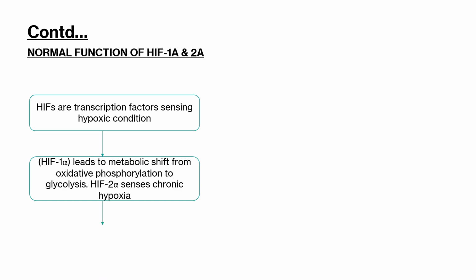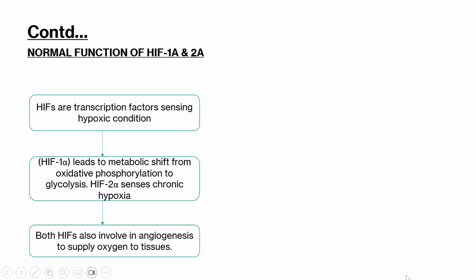After sensing this hypoxic condition, they both are involved in angiogenesis, and their main target is to supply an adequate amount of oxygen to the compromised tissues or the tissues undergoing ischemia. So these are crucial for tissues to prevent ischemia and necrosis.